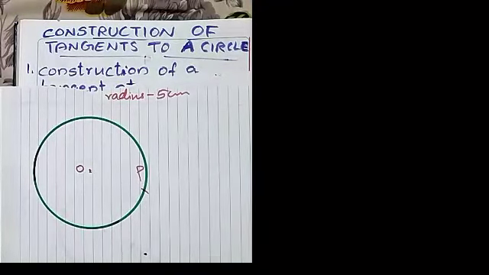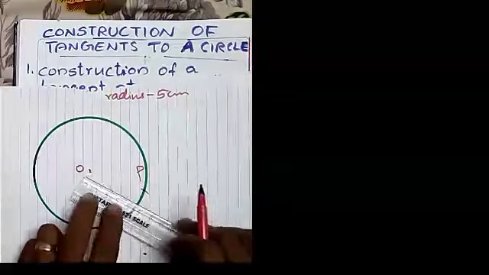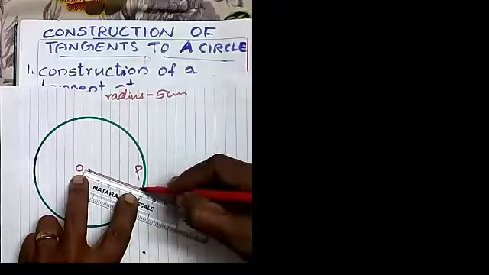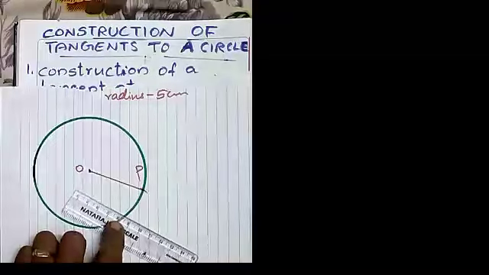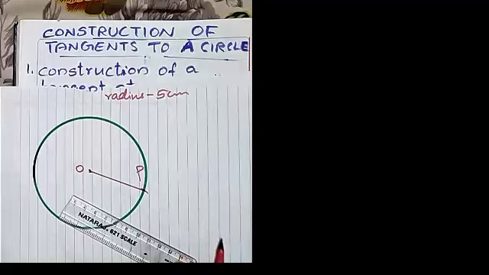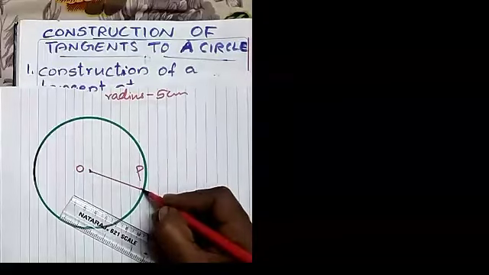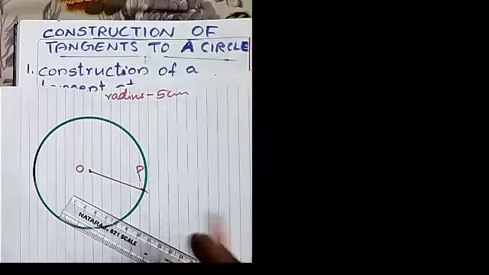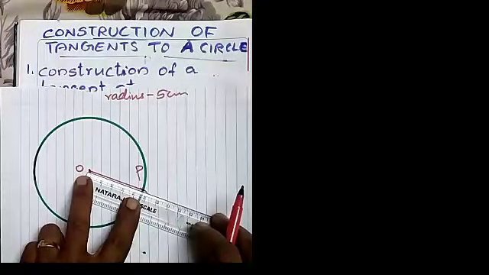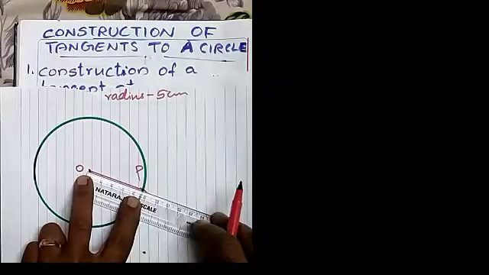Now what is our next step? Do you remember? Join OP. Here you can see that it is the radius. For constructing this tangent, we need to construct the perpendicular at this point P, because we are applying the idea that the radius is perpendicular to the tangent.